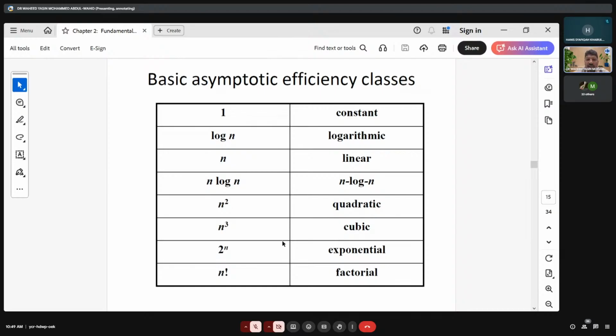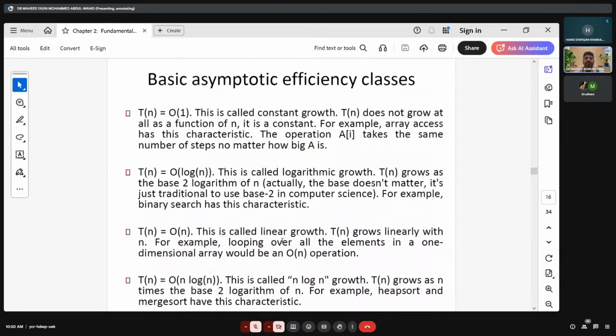So here are the basic asymptotic efficiency classes: 1, which we call constant; log n, logarithmic; n, linear; n log n; n power 2, quadratic; n power 3, cubic; 2 power n, exponential; and n factorial.